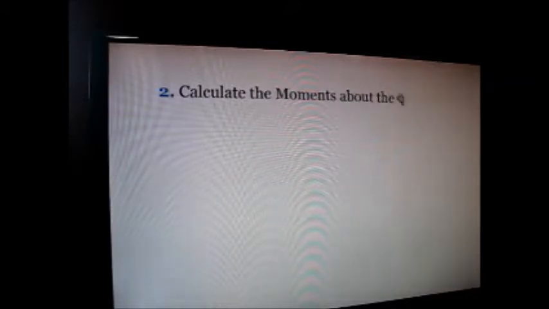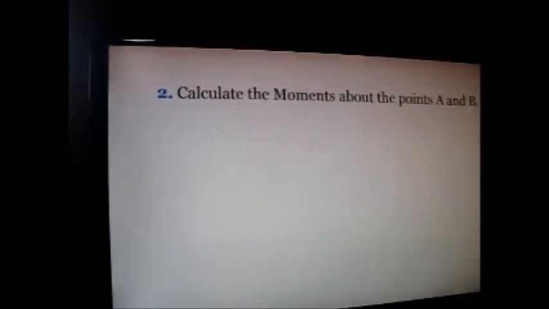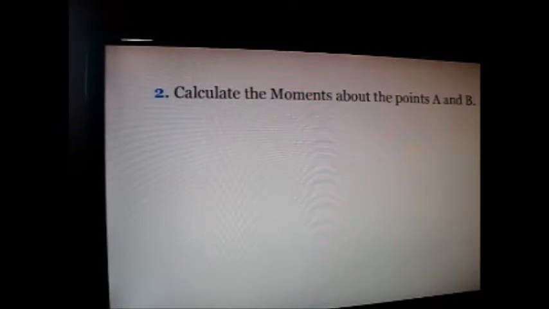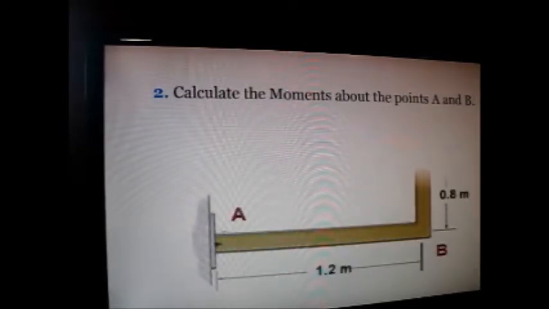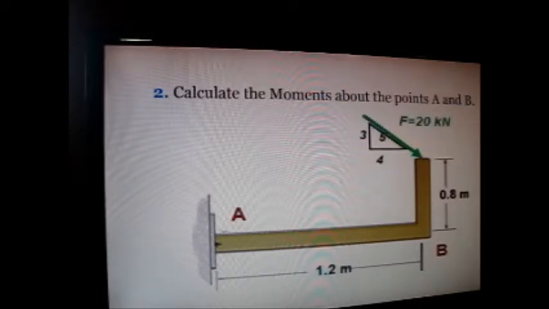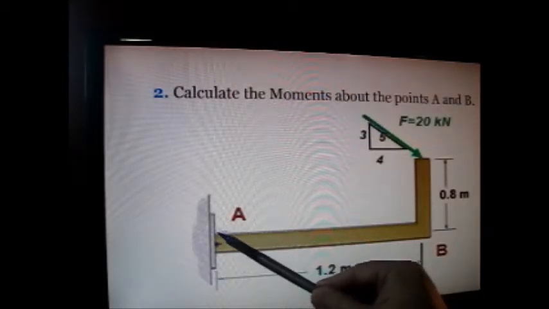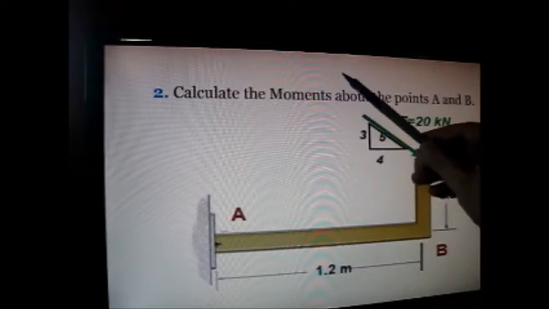Maybe it's as simple as the first one, only in this case, as you can see from your printout, the force is in an angle. By being the force in an angle, we have to divide it. It's hard to find the distance because you know what is the distance perpendicular from here.